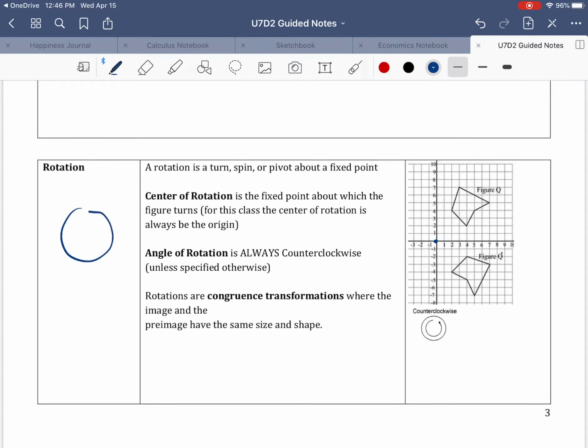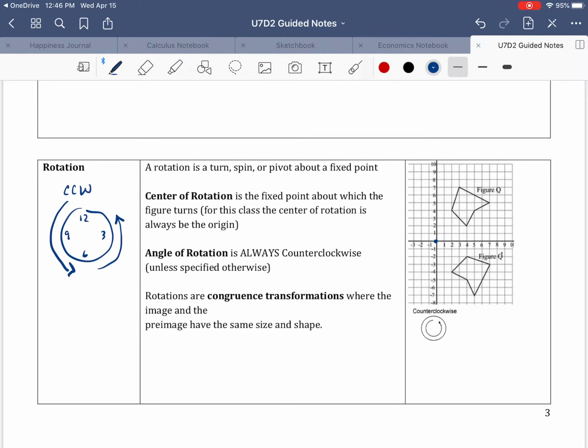So if we can imagine a clock, 12, 3, 6, 9, we're going to go in the opposite direction that a clock normally goes, which means counterclockwise is this direction, okay? In our rotations, we talk about it going counterclockwise. Rotations are also congruence transformations, so the image and the preimage have the same shape and size.